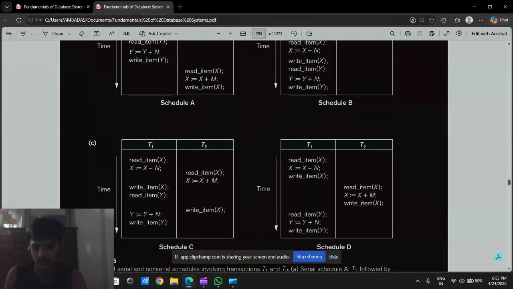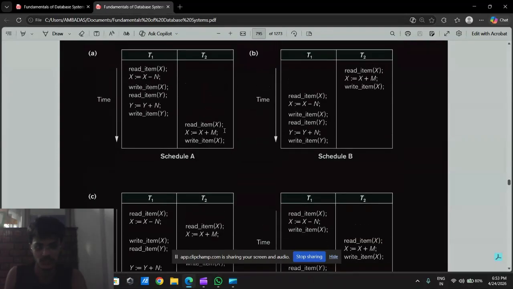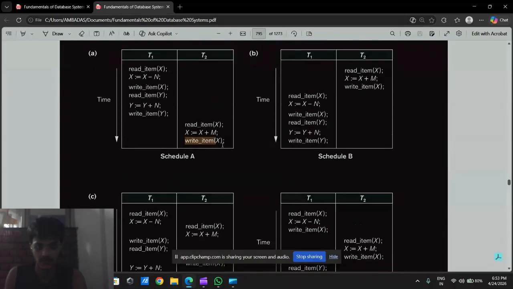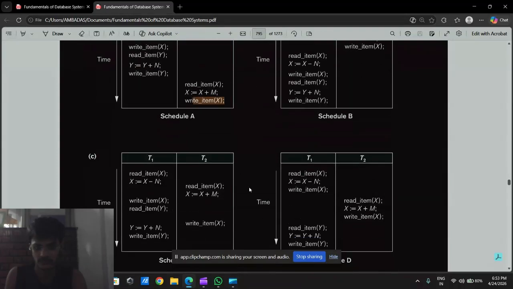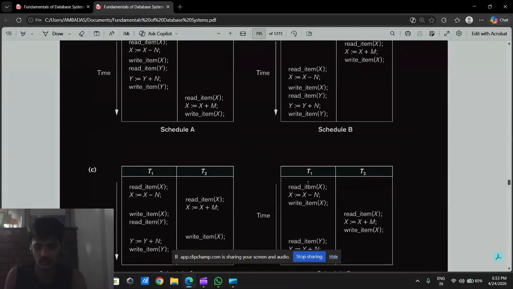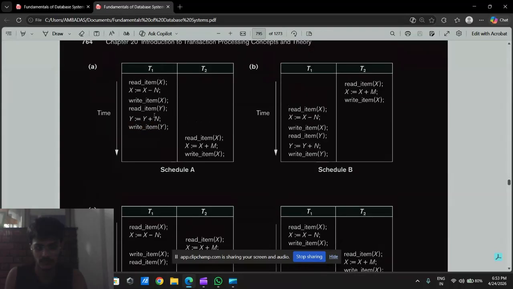So the relative order of these conflicting operations is the same in both these schedules. Even that's the same. The relative order, I mean, not this one, my bad. Only these two writes and reads.